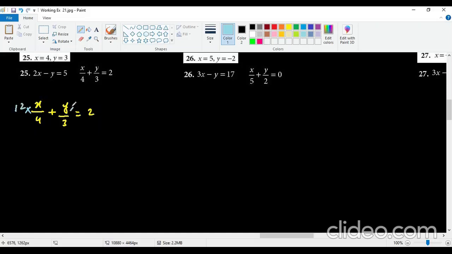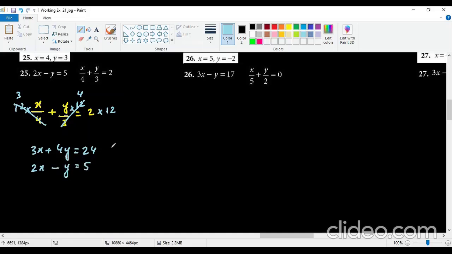This also multiplied by 12, and this also by 12. So these two give us a 3, these two give us a 4, and this is 24. So here we have 3x plus 4y equals 24. This becomes the second equation. The first equation remains the same: 2x minus y equals 5.